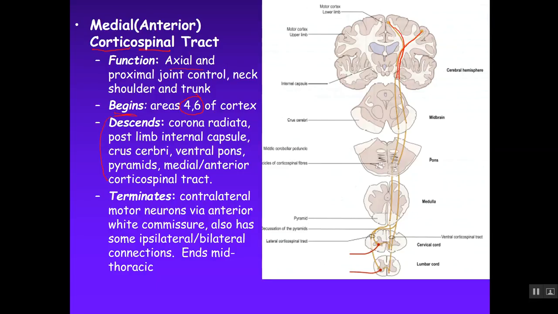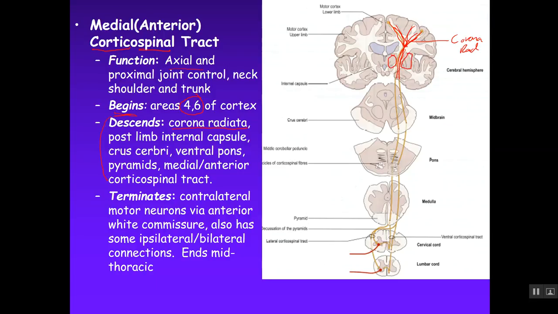They run down starting through the corona radiata. That's this area up here, all the projecting neurons that come down through here. Eventually, they all get squeezed down into this area between the basal ganglia and the thalamus.